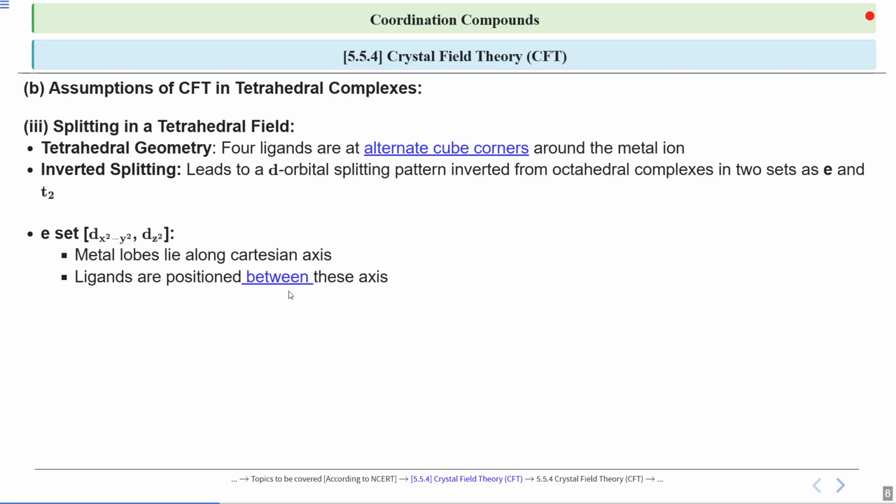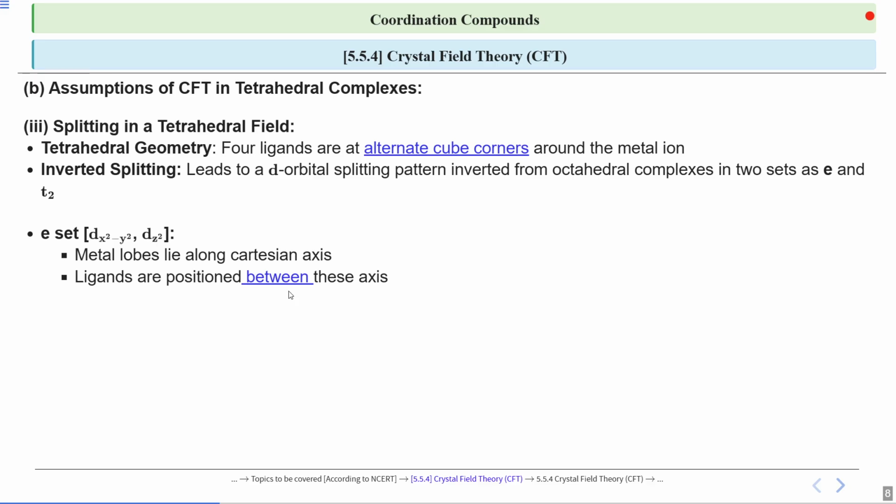If you remember, in the octahedral complex, in the E set for dx square minus y square and dz square, the ligands and metal lobes were both lying along the same axis. Remember? But here what is the case? The pattern is inverted: the metal lobes are still lying along the Cartesian axis, but the ligands are positioned between the axes.